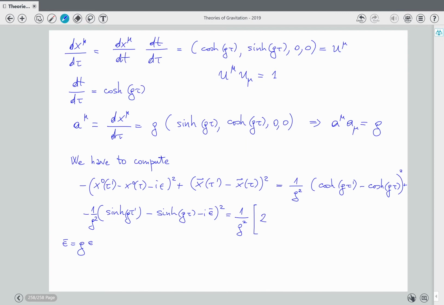Then we have a double product there, 2 hyperbolic cosine g tau prime hyperbolic cosine g tau. And there you have minus minus, so plus 2 hyperbolic sine g tau prime hyperbolic sine g tau.